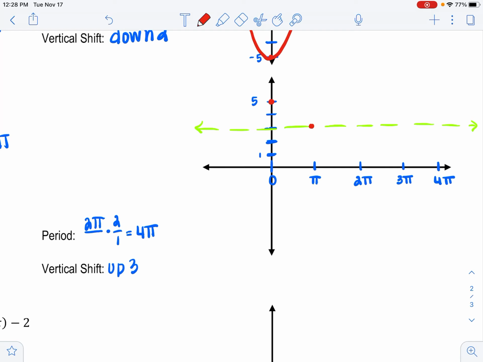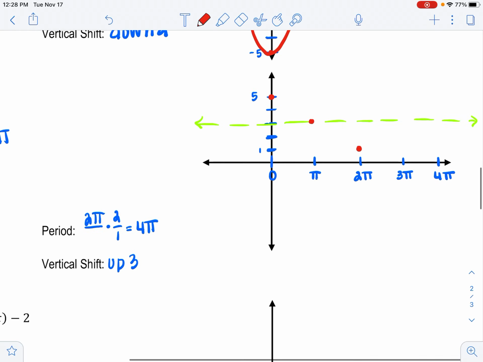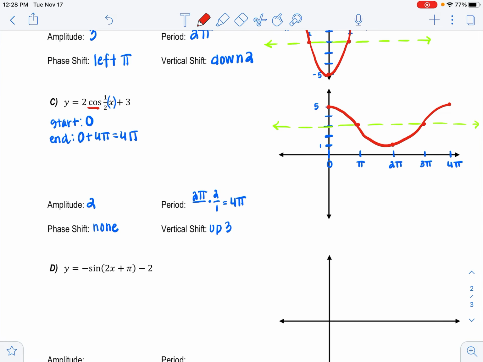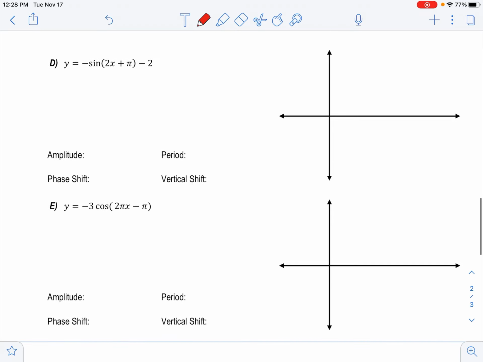My next tick mark, which is 2 pi, I'm going to go the lowest my graph goes, which is not 0, it's 1. That's why I label it so I see it. Then I'm on the midline, then I'm the highest my graph goes. Okay, so I'm going to connect this, connect, connect, connect. Okay, so there's my cosine function.